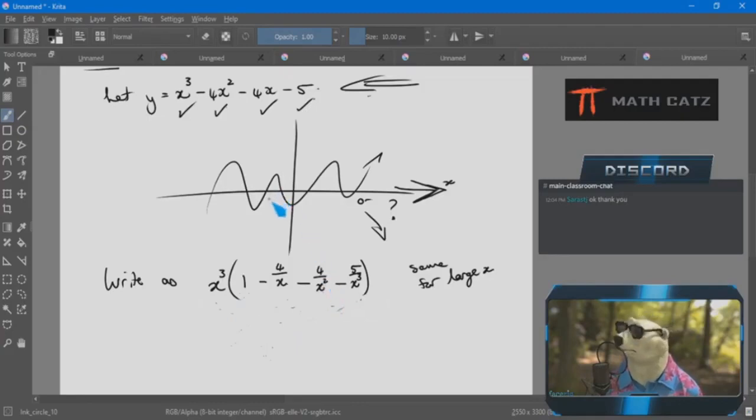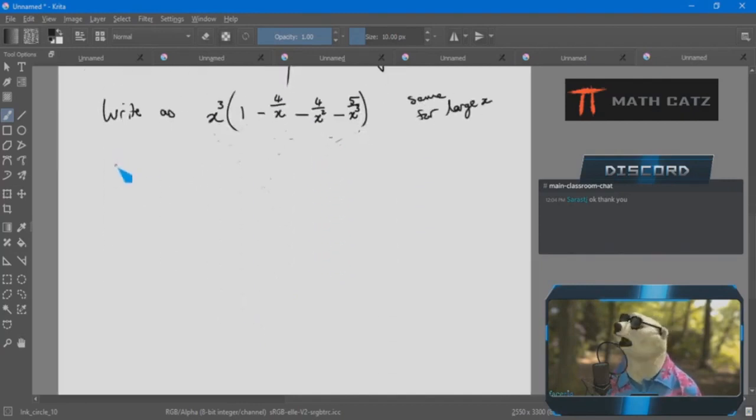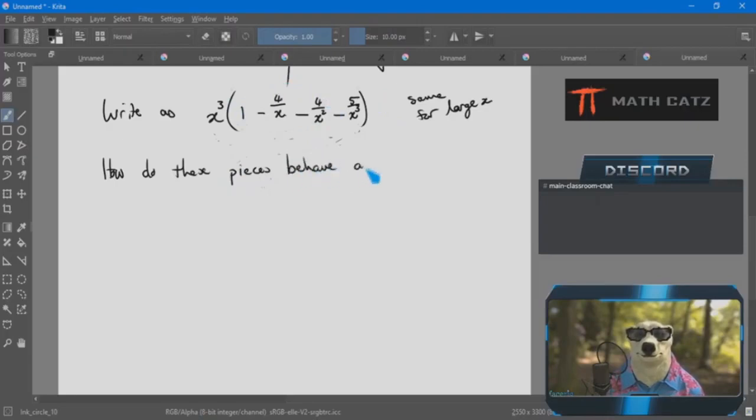Okay. So now the question is, what happens to the pieces as x gets really big? And the first one is a slower discussion. Once we get the hang of it, it's going to speed up a lot. So now the question is, how do these pieces that make up this function behave as x gets large?